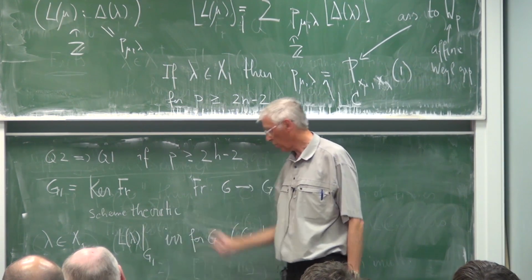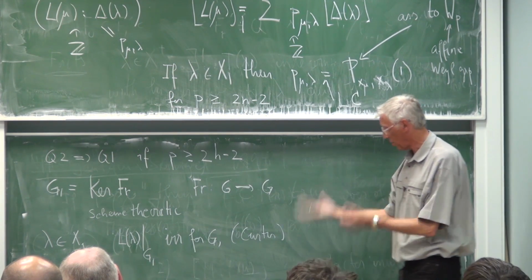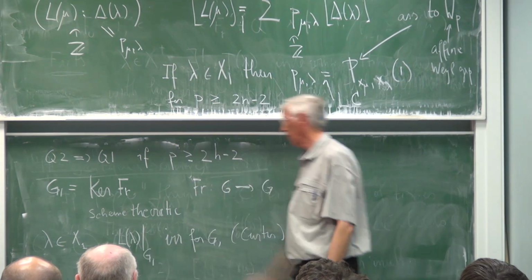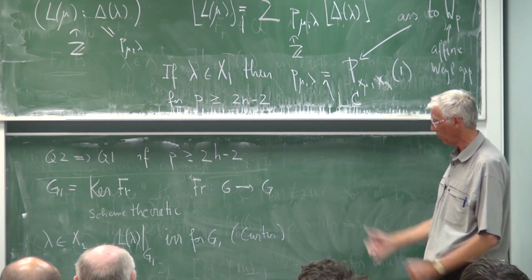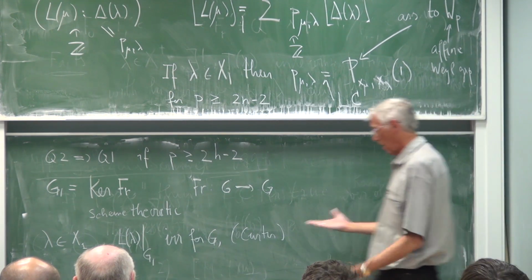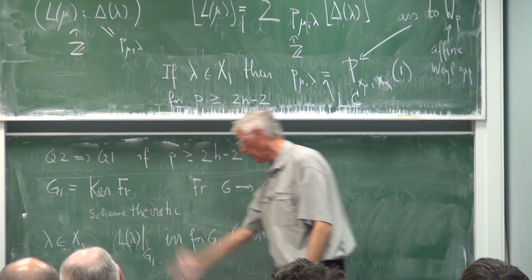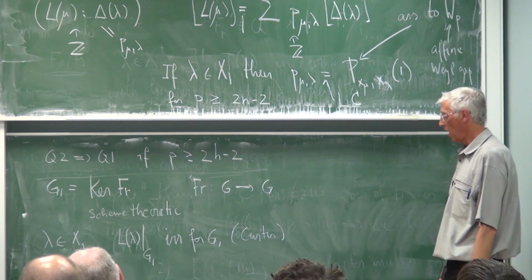So I'm really here talking about modules in the sense of algebraic group schemes, and you get a good classification. You have one for each lambda. And you take the module for the group itself, and you just restrict it to G1.